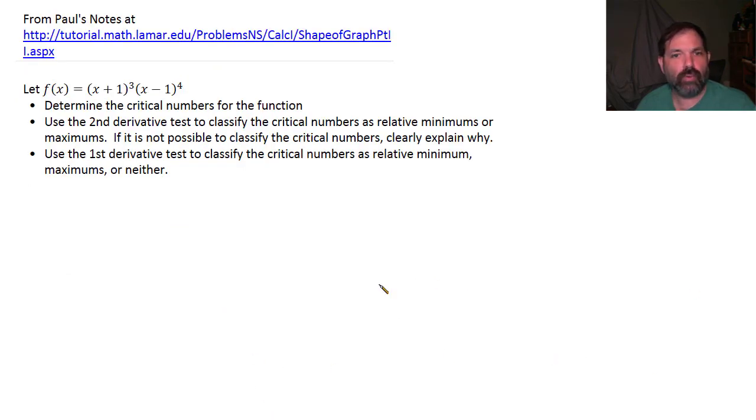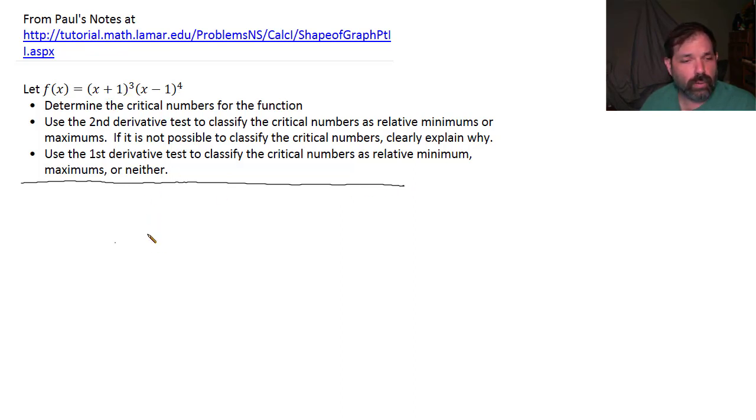Here's a problem from Paul's notes. We're given this function. We're asked to determine the critical numbers of the function and then use both the second derivative test and the first derivative test to classify the critical numbers. So let's first find the critical numbers. We have the function x plus 1 cubed by x minus 1 to the fourth, and I will use product and chain rules.